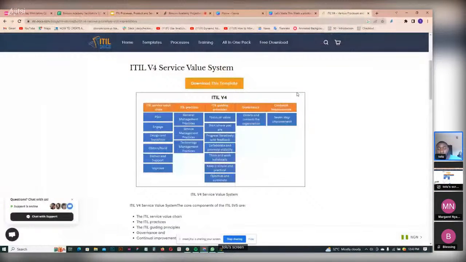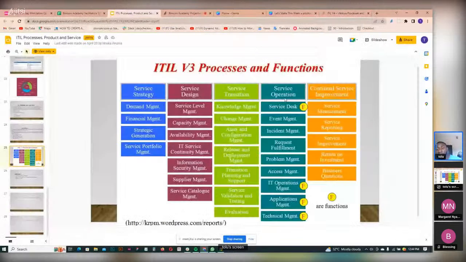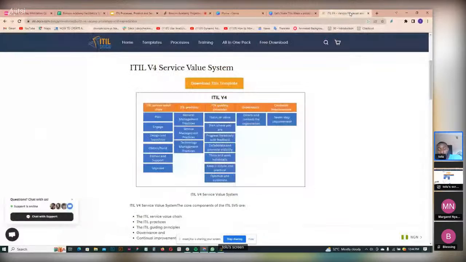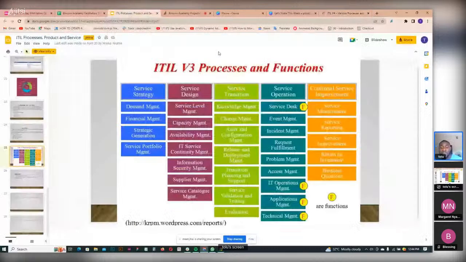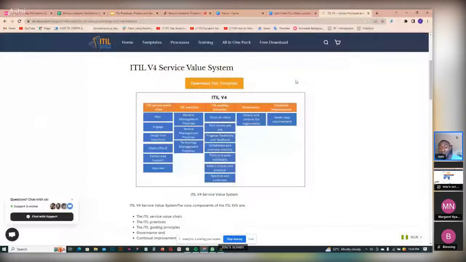So continual improvement is still the same as continual improvement, but service operation is now called governance. ITIL guiding principles are even more explanatory than just saying service transition. If someone says these are the ITIL guiding principles, it tells you: these are the principles I must follow, which basically is what the transition is doing.